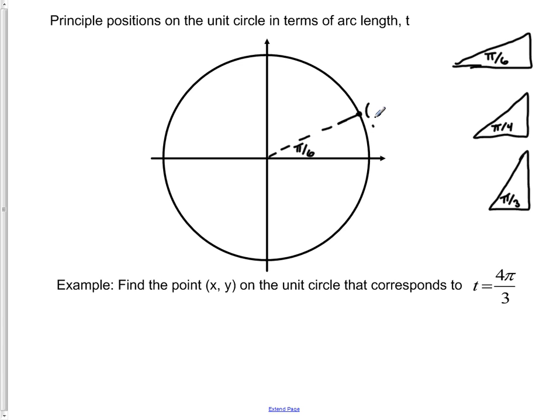this coordinate point would correspond with a ratio of adjacent to hypotenuse, and that would be radical 3 over 2, and a ratio of opposite to hypotenuse, that would be 1/2, right?